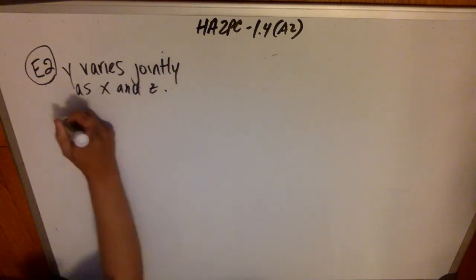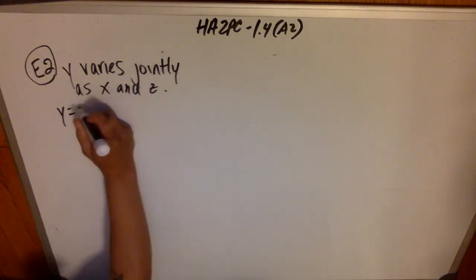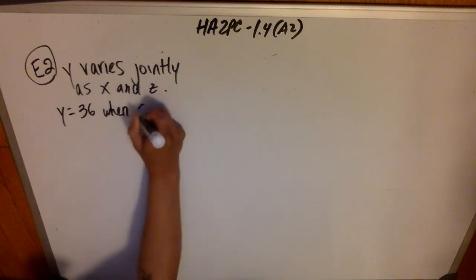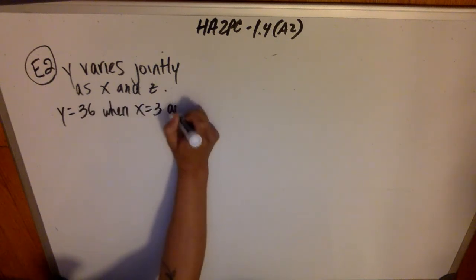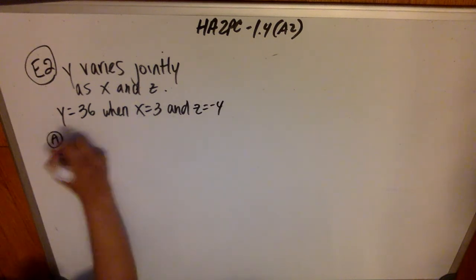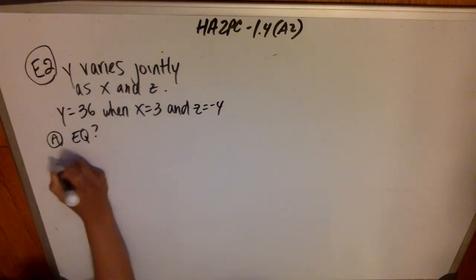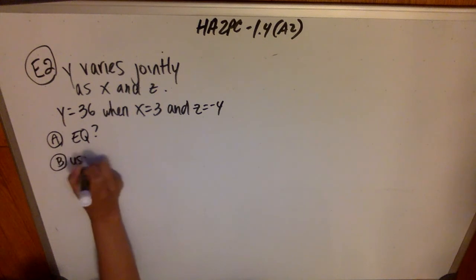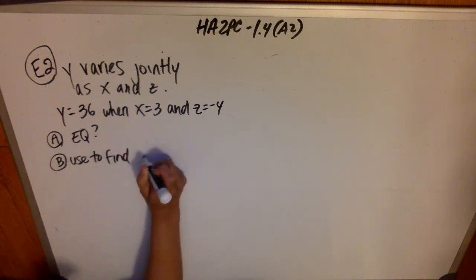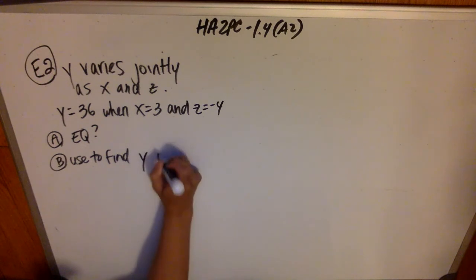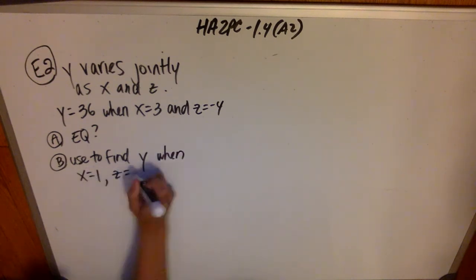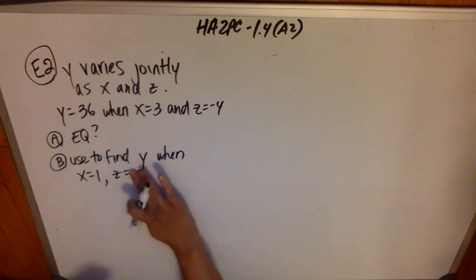We're going to say y equals 36 when x equals 3 and z equals negative 4. For A, we're going to write that equation. And for B, we're going to use the equation to find y when we know that x is 1 and z is negative 2.